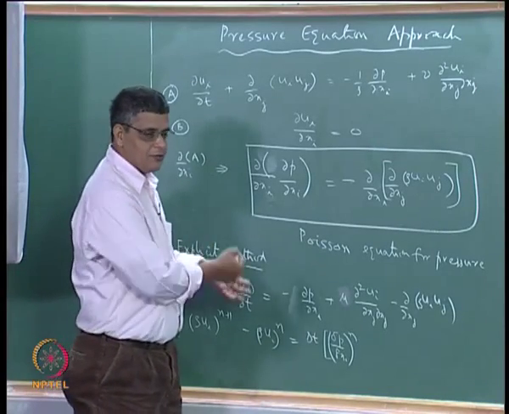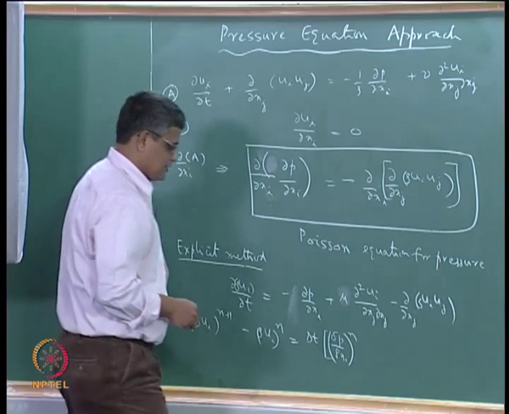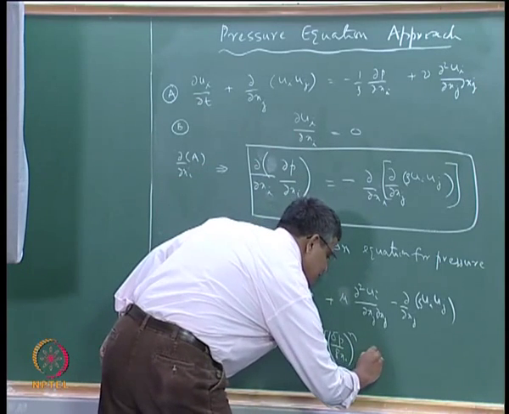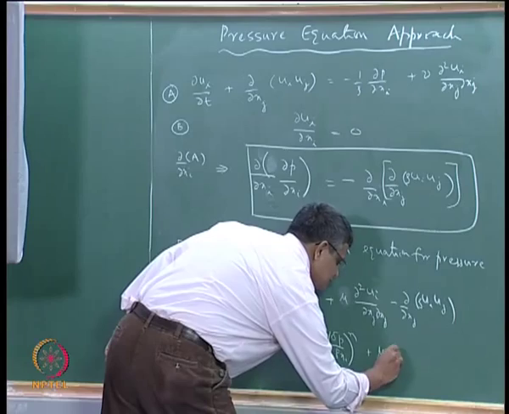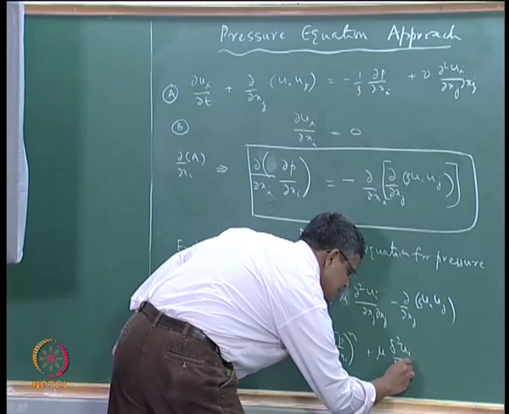We are not specifying what the discretization is, that is immaterial to this as of now, plus mu times del square ui by del xj del xj.